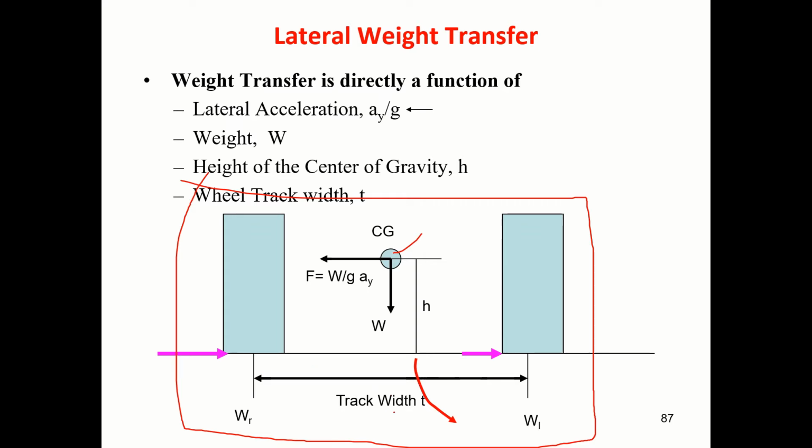T is the track width. WR is the load on the right wheel. WL is the load on the left wheel. Assuming the driver is sitting here, this is the driver's right, this is the driver's left. That's the reason why I have written like that.